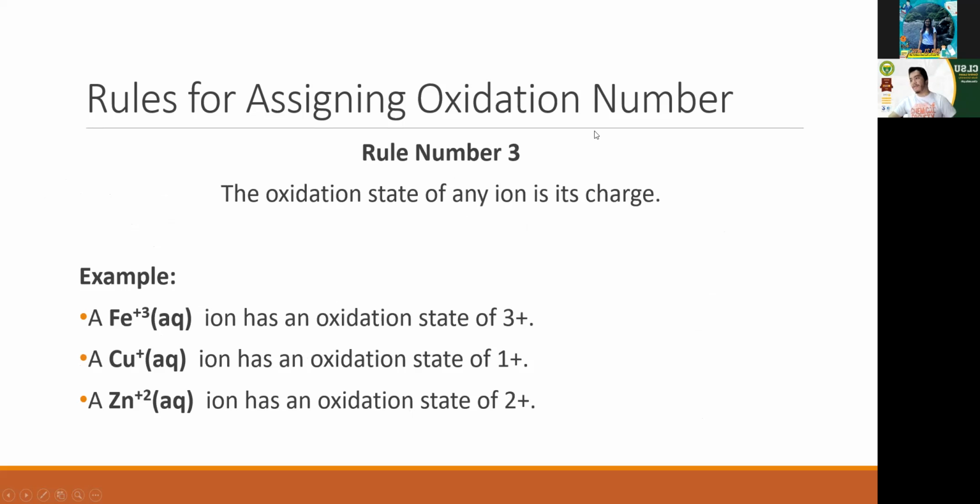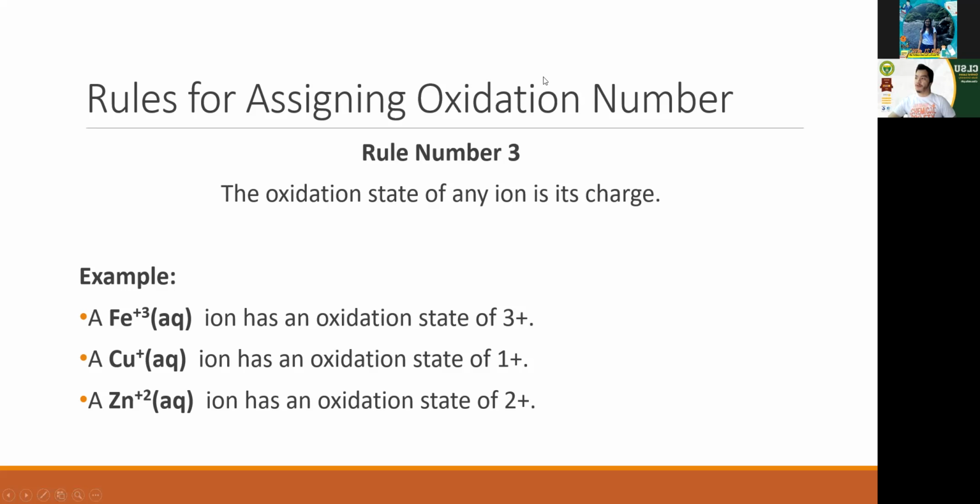Next, rule number 3: the oxidation state of an ion. We know that if you have a solid salt and dissolve it in water, if it is soluble, it separates into its component ions.